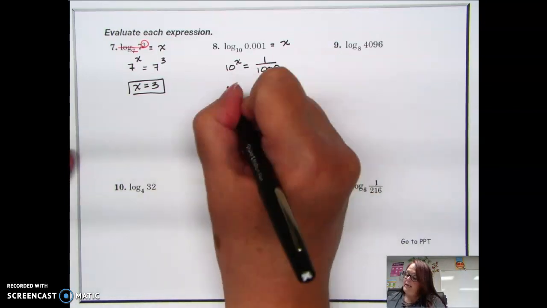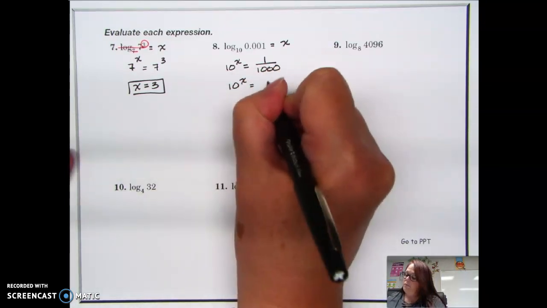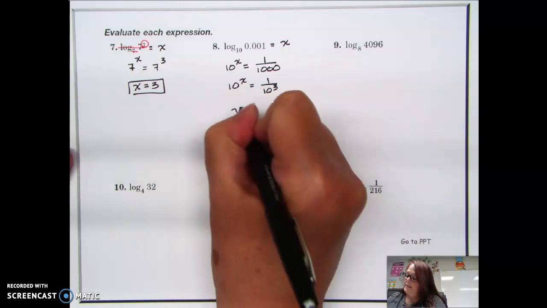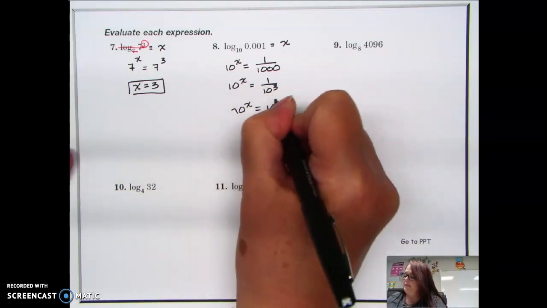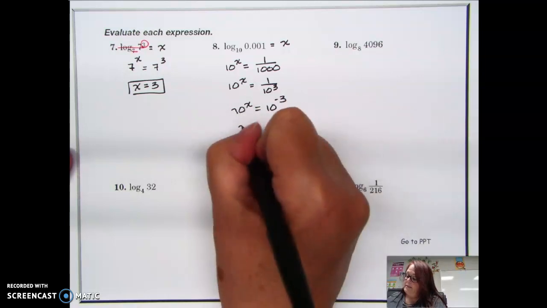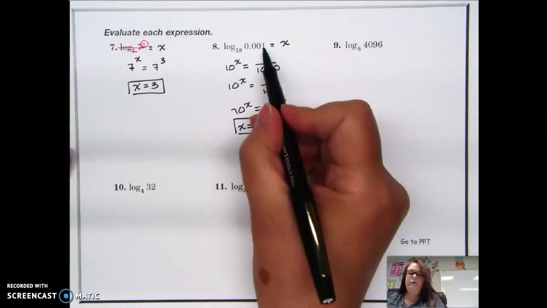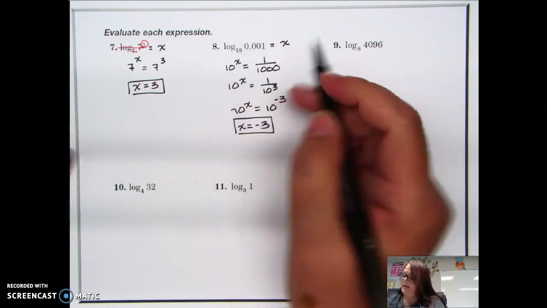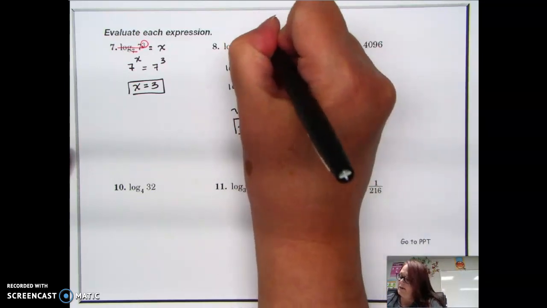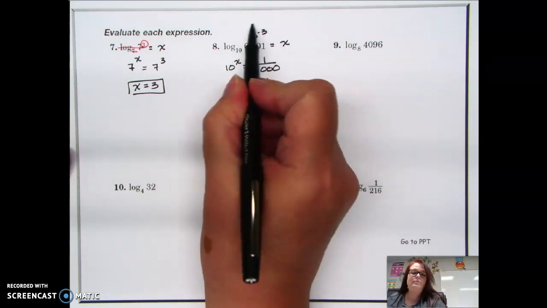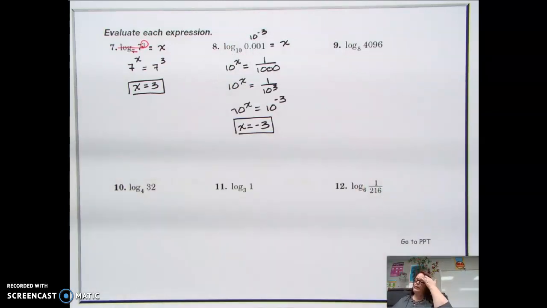And so we can say 10 to the x is equal to 1 over 10 cubed, which means that 10 to the x is equal to 10 to the negative third, and that means that x is equal to negative 3. Or we could have just in the log went ahead and called this 10 to the negative 3, and you see that the base of 10 and the base of 10 cancel, leaving me with just this negative 3.